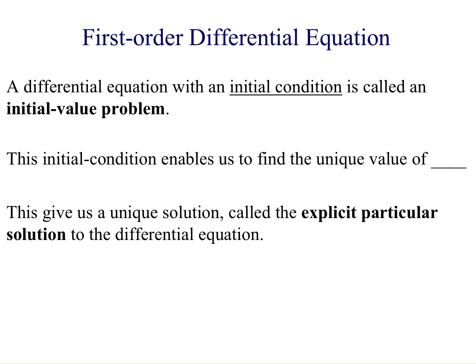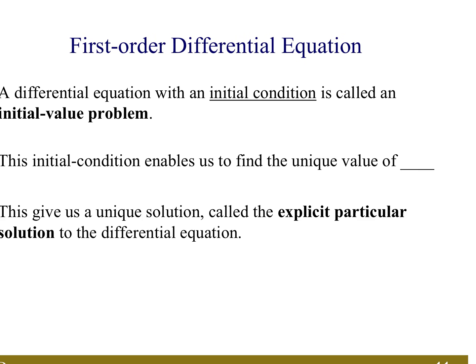All right, now, the next ones we're going to be given an initial condition. So the initial condition enables you to find the unique value of c, which would be a particular solution, okay? You go from general to particular, non-specific to specific.